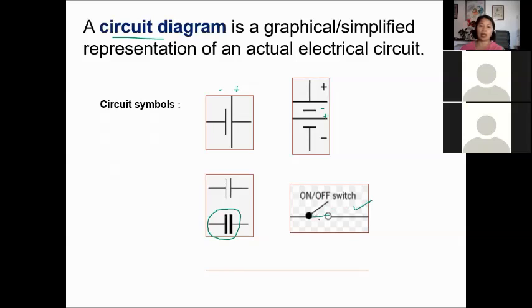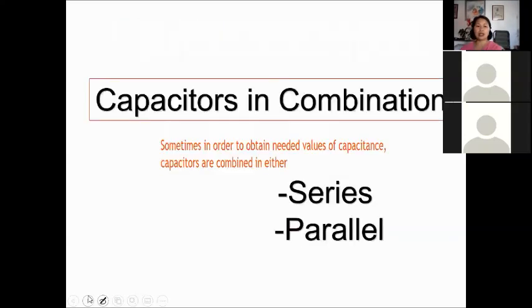Kung on, ganyan. And then next, a straight line indicates a wire with negligible resistance. So kung anong mag-connect sa one device to another, that would be represented by a straight line. That's wire with negligible resistance.